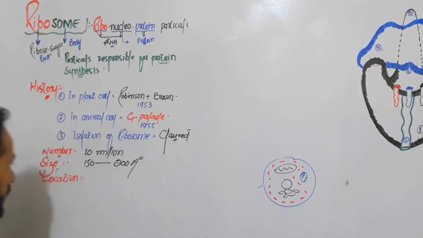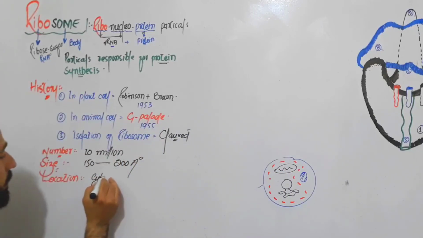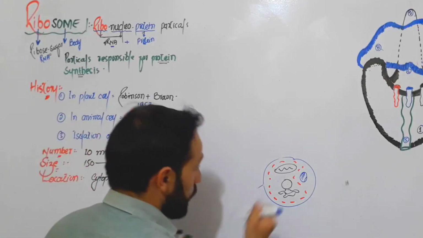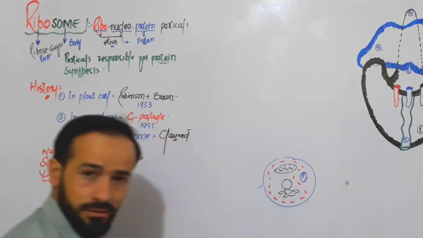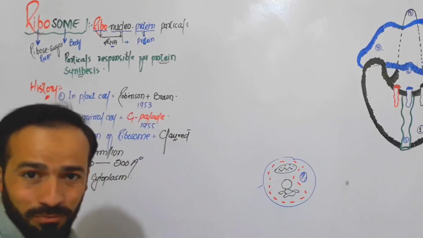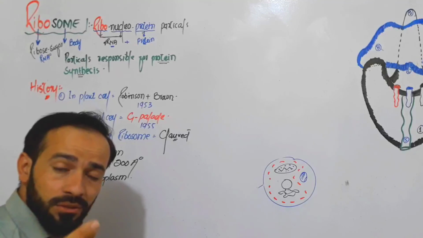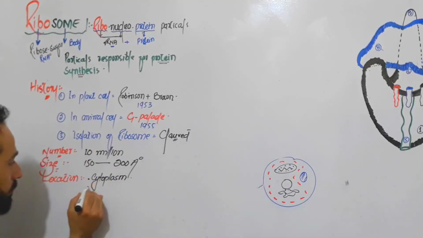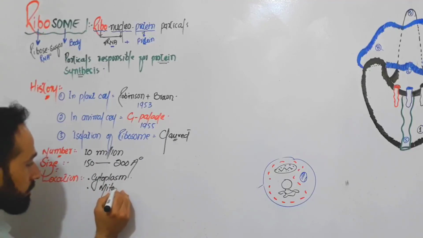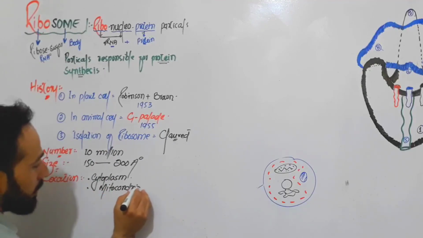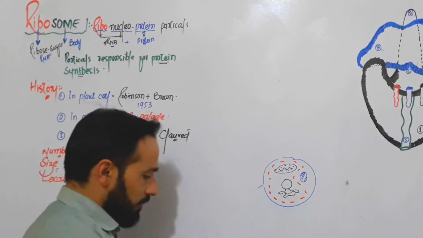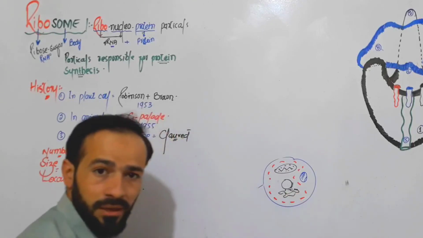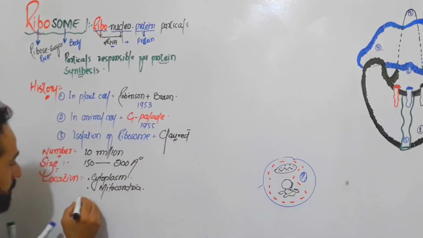So we will write it as some ribosomes are present in cytoplasm, right, and some ribosomes are present inside the mitochondria, as we have discussed about the structure of mitochondria, and we have said that mitochondria contains ribosomes also. So let's write it also, mitochondria.